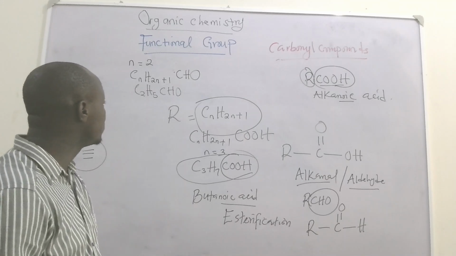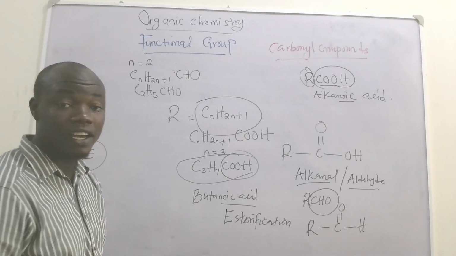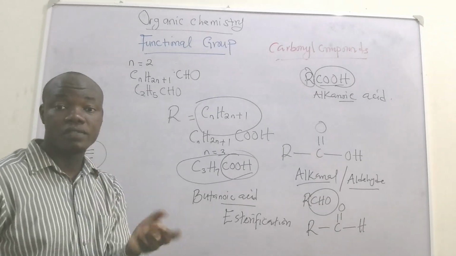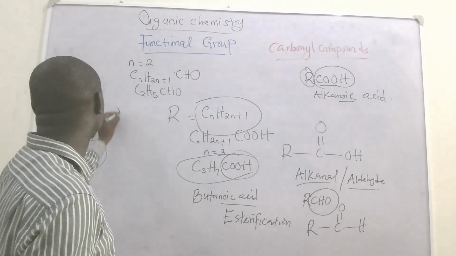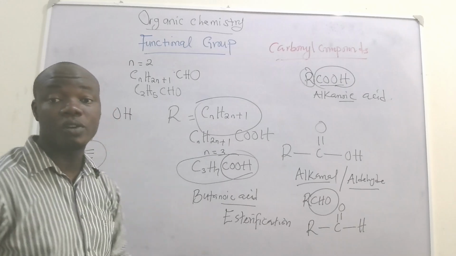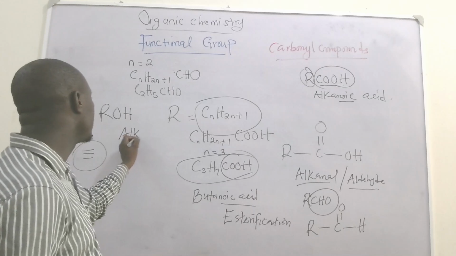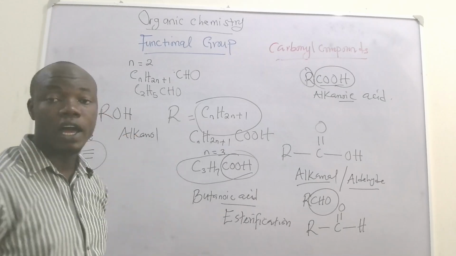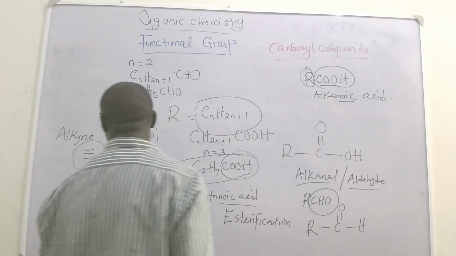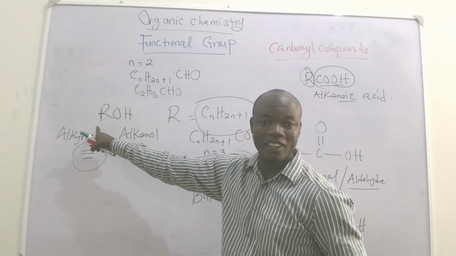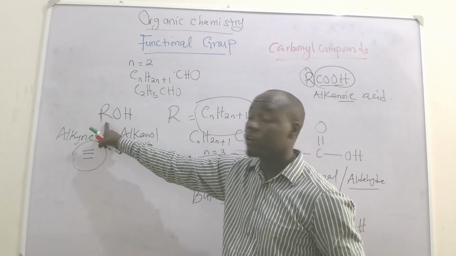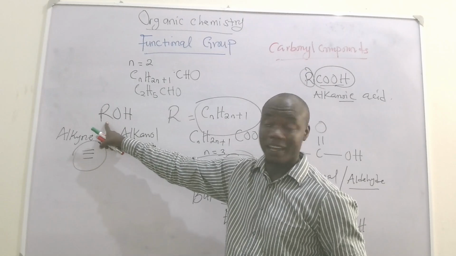So ladies and gentlemen, apart from the alkanal, we also have another functional group, OH. OH is the functional group for alkanol. Alkanols also have their R group, which is the alkyl group.